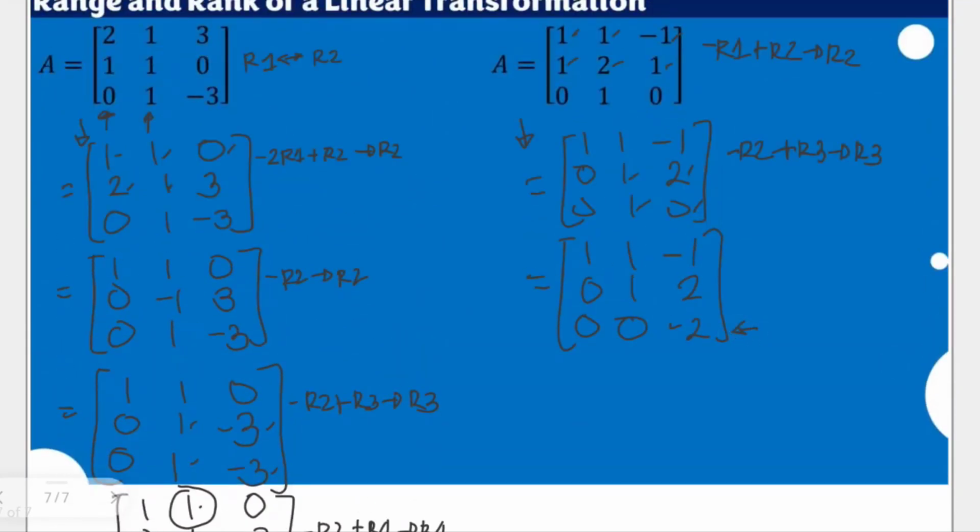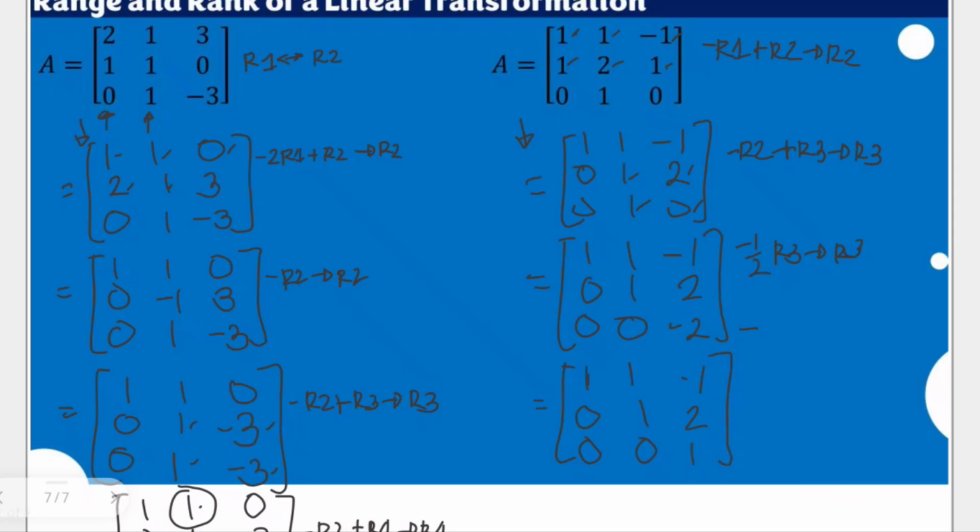Okay. Unlike earlier where we already had rows of 0 here, we still have a row here which has an entry. In short, we are going to multiply this by a certain negative number, or -1/2 of our row 3, so that this will become 1. So you have here 1, 1, -1, 0, 1, 2, 0, 0, and then we have -2 times -1/2, that's 1.